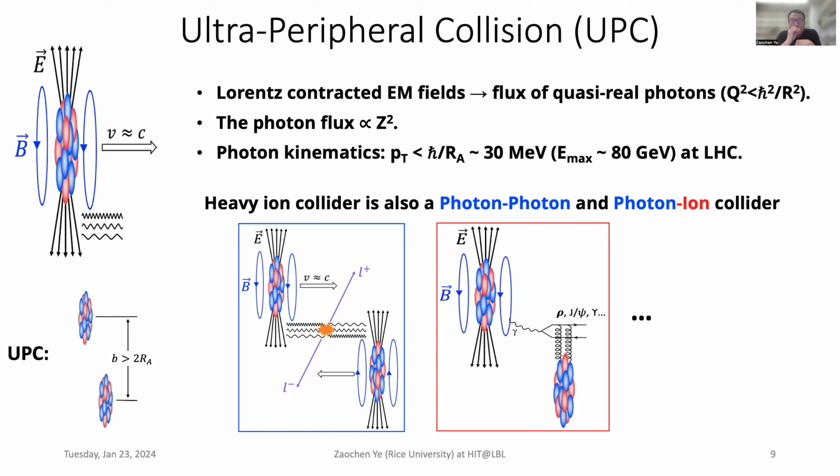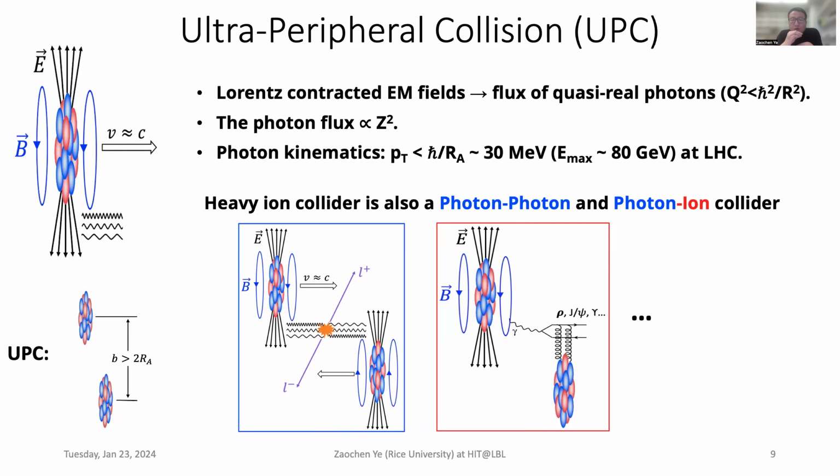Ultraperipheral collisions, normally referred to as UPC, as we already heard about, are collisions that happen between two heavy ions at a distance larger than the sum of their radii. The electromagnetic field around the relativistic ions can be viewed as equivalent to a flux of quasi-real photons.